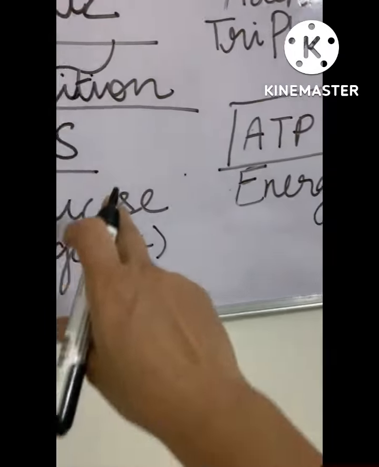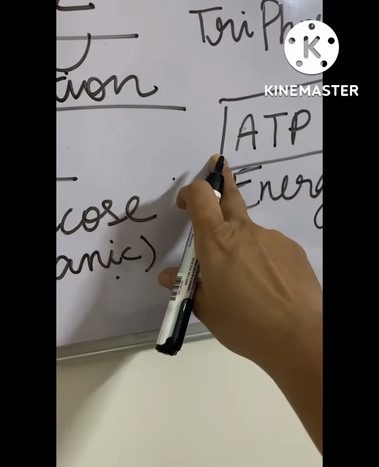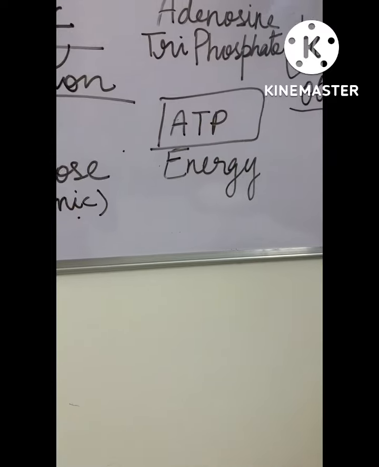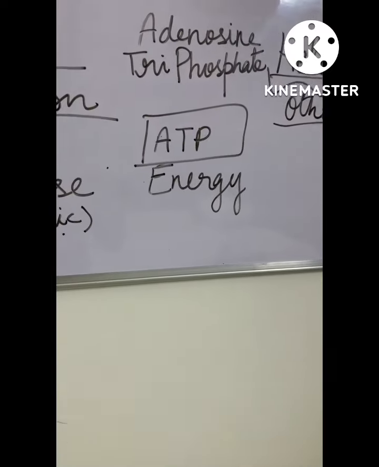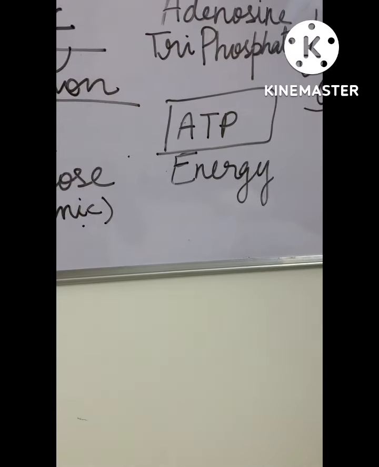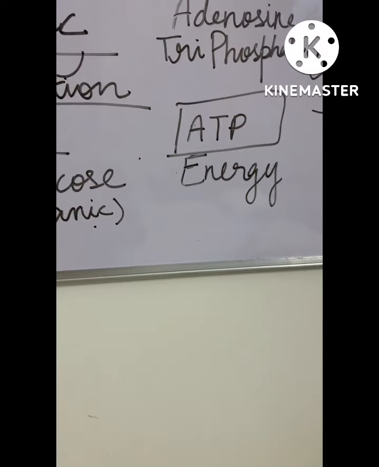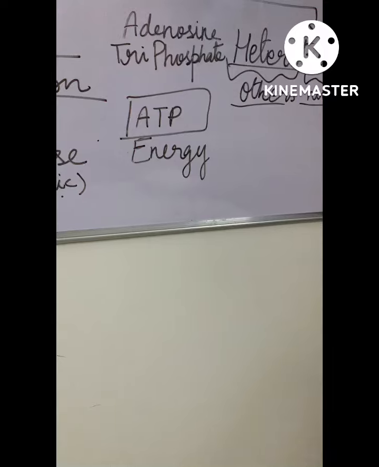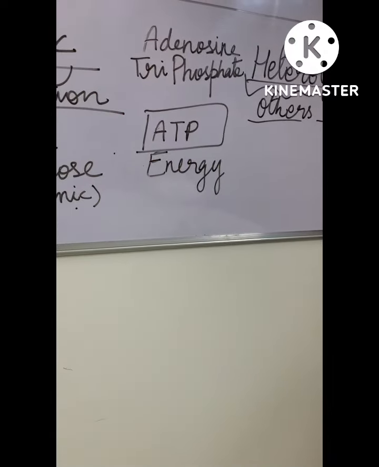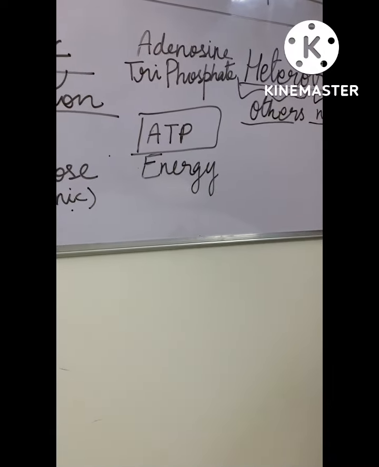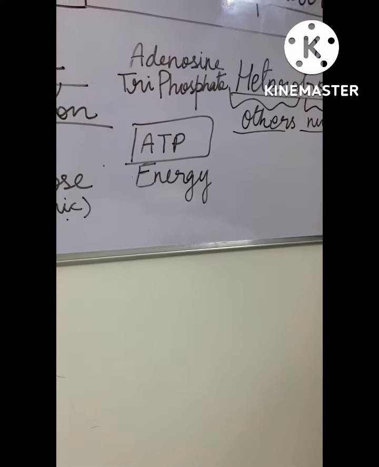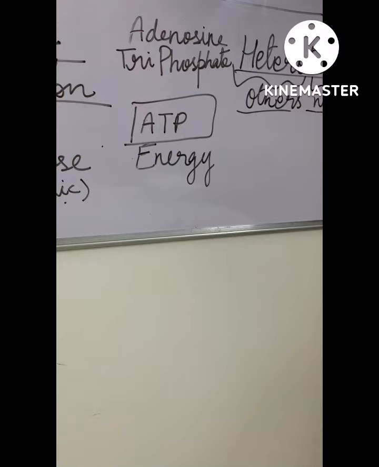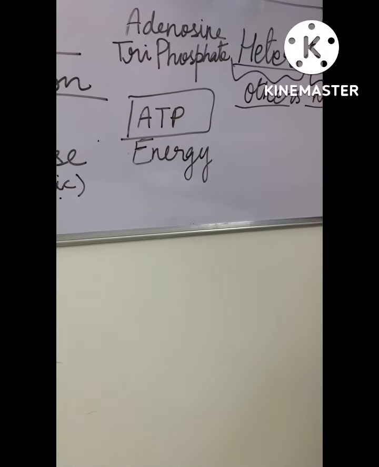For example, when the ATP molecule is released in the case of plants, that ATP molecule is used to carry out various activities in the plant, like transportation of food and water from one place to another, and taking of water by the roots from the ground.